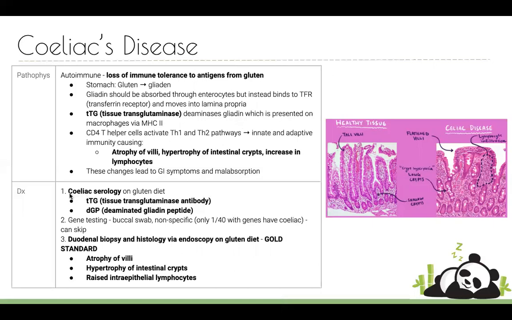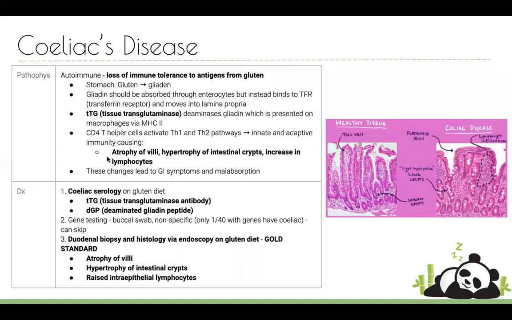So you can see here for the celiac serology, we have TTG here. So we're looking for the antibody against this. And then because it deaminates gliadin, we're also looking for deaminated gliadin peptide in the celiac serology. And then that essentially is presented on macrophages. It activates your T cells, and it goes through all the usual Th1, Th2 pathways, and attacks itself, essentially. And that's where you get your pathological changes.